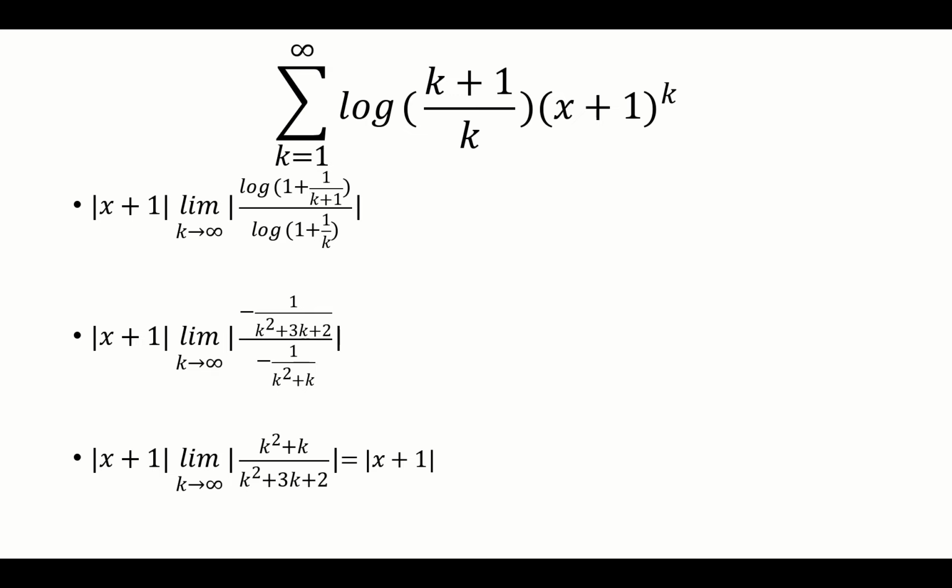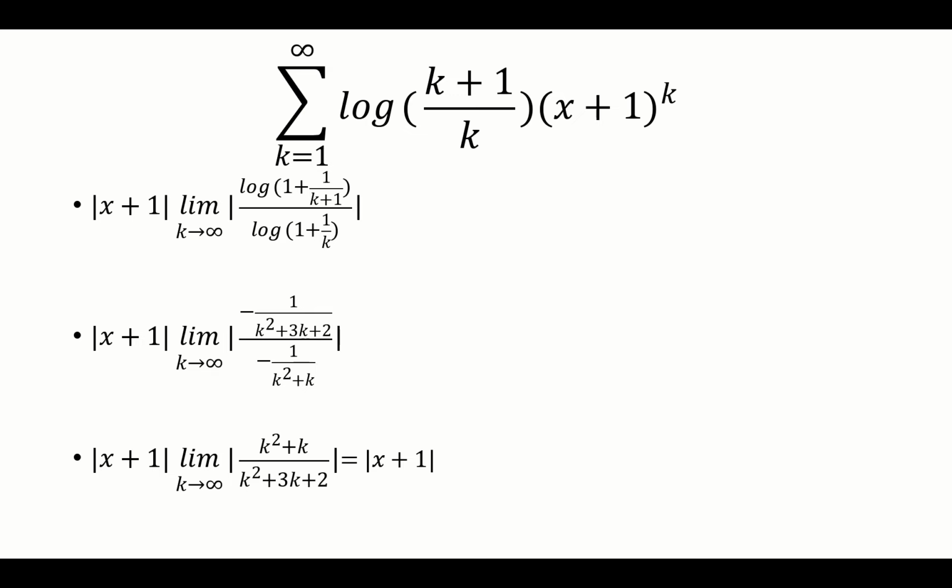So then you take the derivative, you get negative 1 over k squared plus 3k plus 2, and then negative 1 over k squared plus k. The two negatives are going to cancel, and then the k squared plus k is going to go on the top. So it's k squared plus k over k squared plus 3k plus 2.